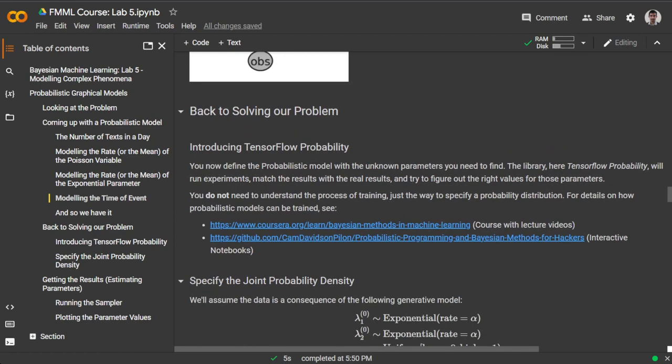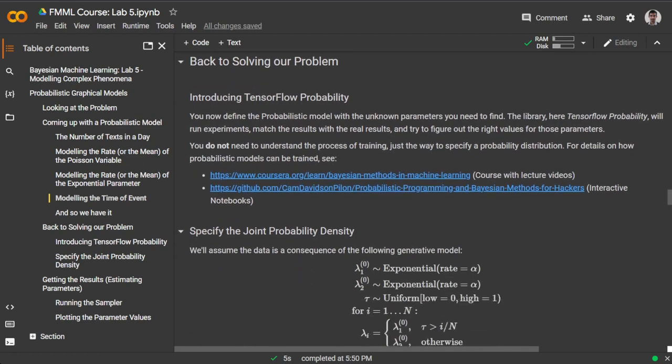Finally, we need to put together some code which manages to solve this problem, and the code is reasonably involved. We have used TensorFlow Probability to run this code. TensorFlow Probability and PyMC3 are the two machine learning libraries which support Bayesian machine learning, and almost all code that is written would use one of these.